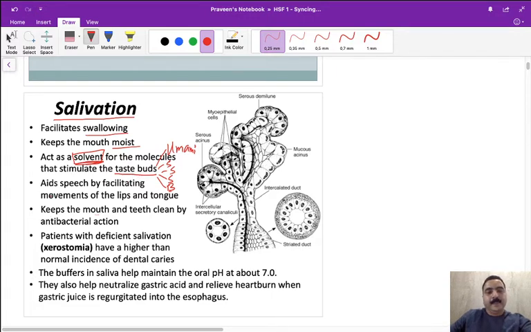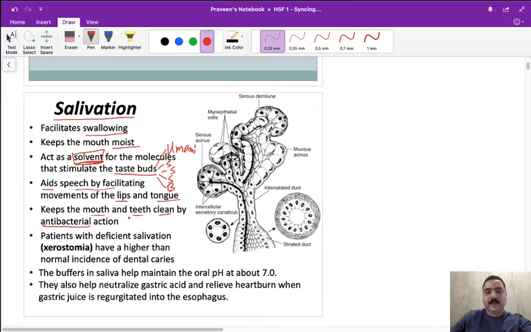The next thing is that it aids speech by facilitating the movements of the lips and the tongue. The lubrication provided by the saliva helps with that. The next function is antibacterial action, which helps keep the mouth and the teeth clean.